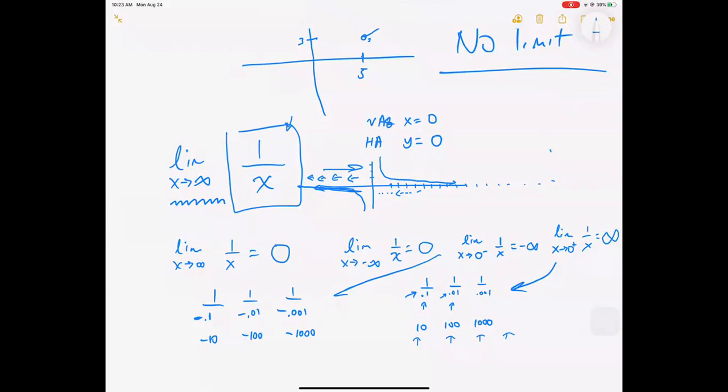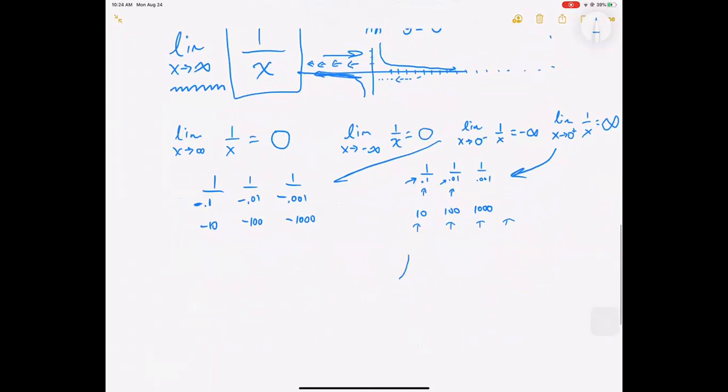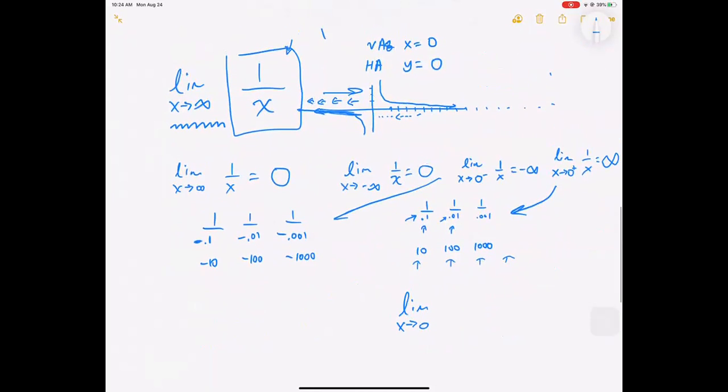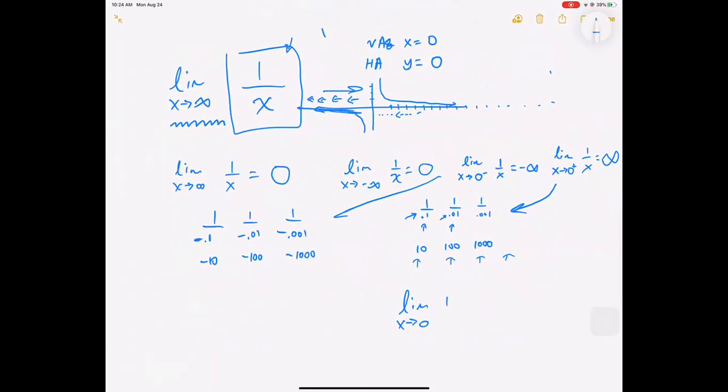So we literally describe all the cases for this graph, either going to infinity or going toward the vertical asymptote. Now the follow-up question to this is, do we have a limit as x approaches 0? Now we talked about before, the idea of a limit is what should it look like?